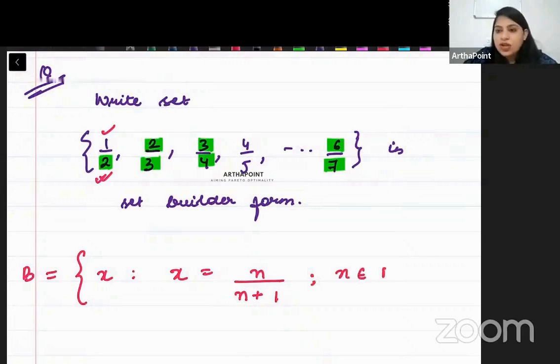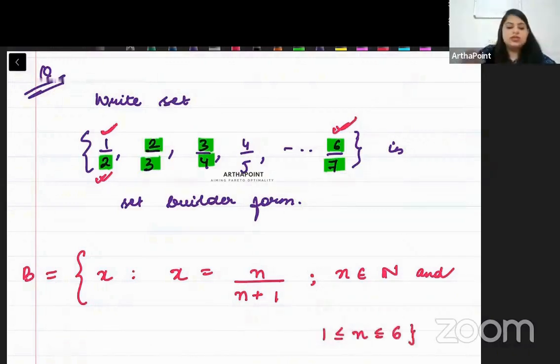Beta, integers are not coming, negative numbers are not coming, only natural numbers are coming, na? So n can only be natural number. And beta, n can go from 1 to 6 only, na? Isn't it? Above 6 the set is not defined. So n can only go between 1 and 6. This is the answer to this question.